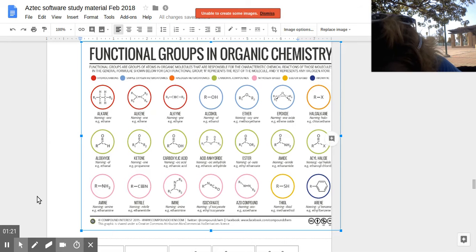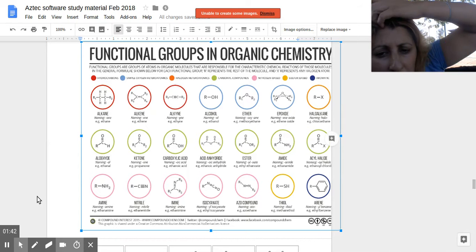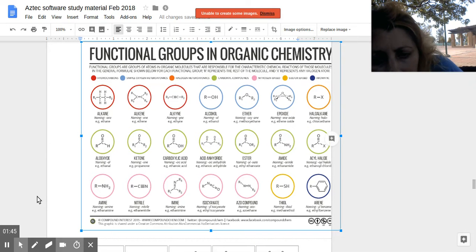So you have carbon double bonded to oxygen, hydrogen, and then the substrate, which is R. Ketone is carbon double bound to oxygen, and two substrate or R groups. Carboxylic acid is usually referred to as COOH. So R and then the carbon and then double bound oxygen and an OH group.